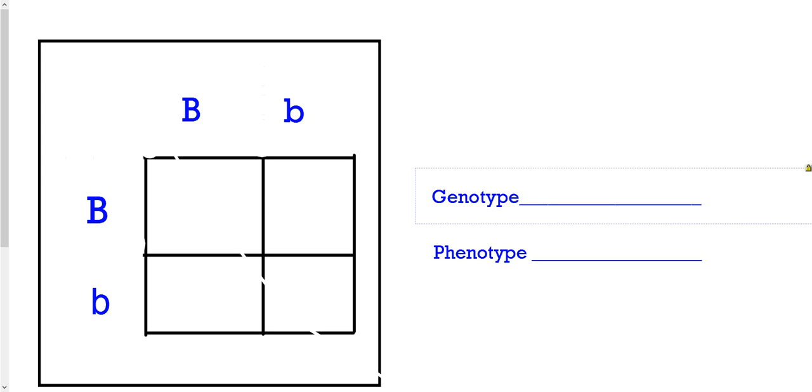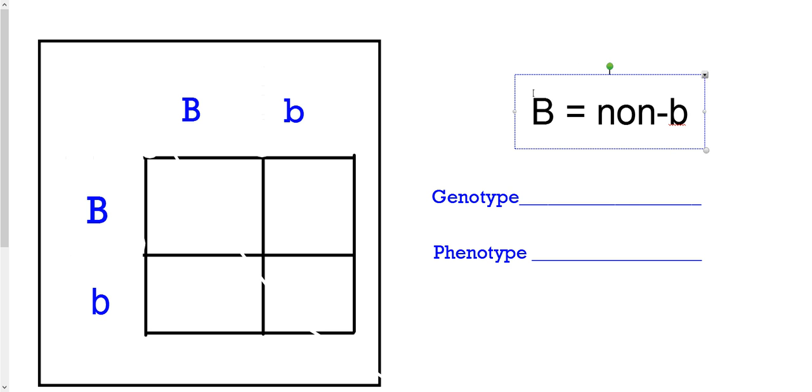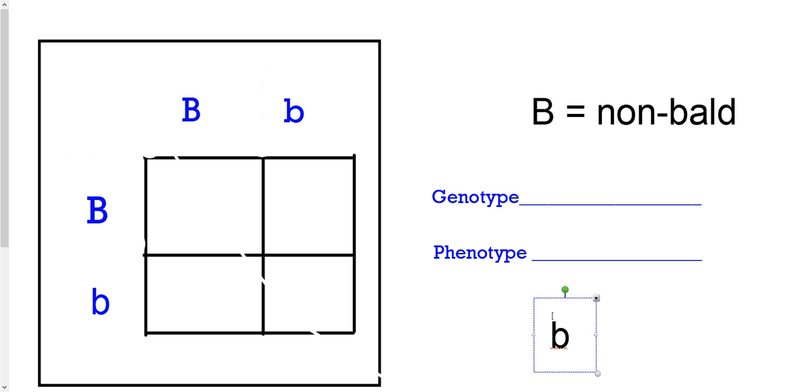So you can stop it and record this Punnett Square. All right, welcome back. So let's say we're going to say capital B equals non-bald. So you're not bald. But let's say little b means that you are going to be bald.